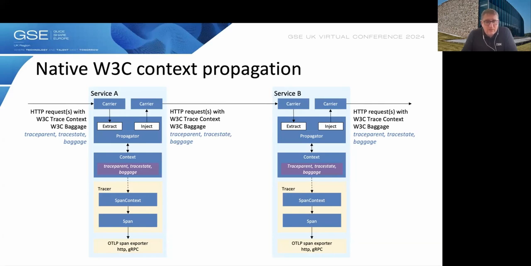And this context is then used by the tracer to build a respective span, transforming the context into a span context and then into a span. And the span is then being exported to a particular backend using the OpenTelemetry protocol, either via HTTP or via gRPC.